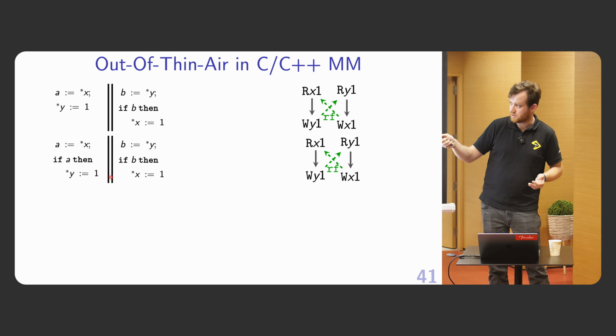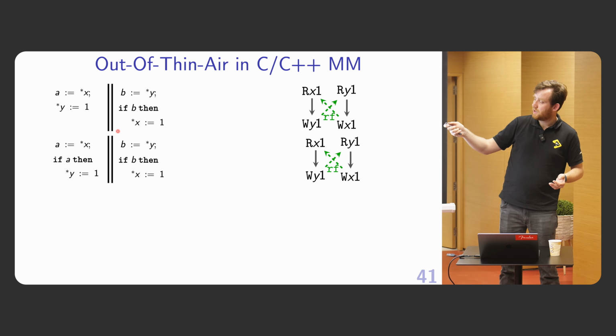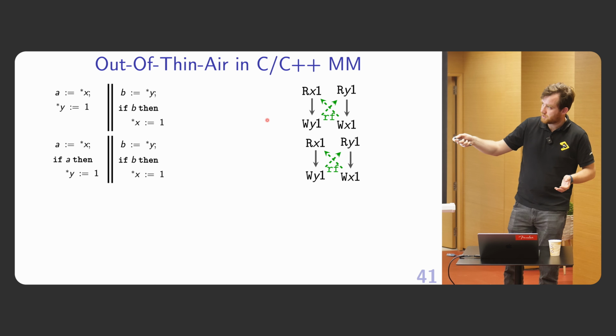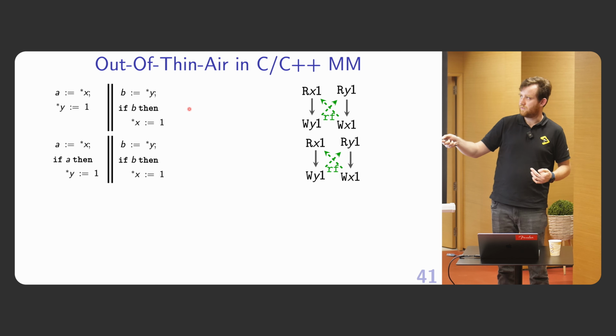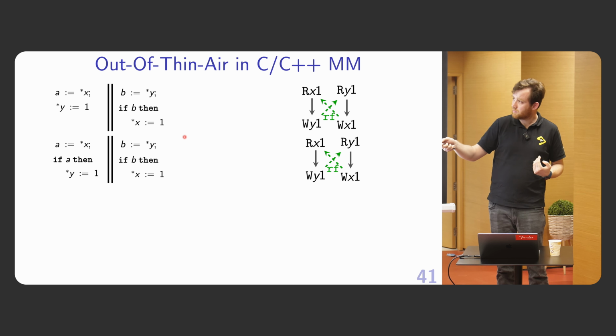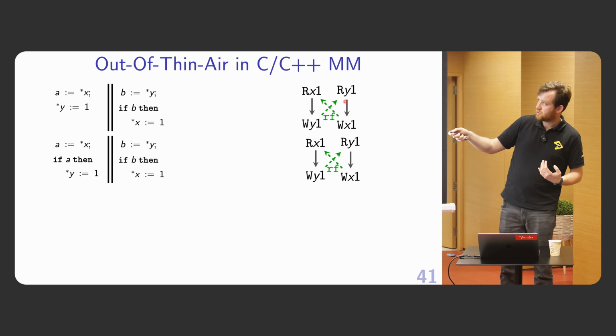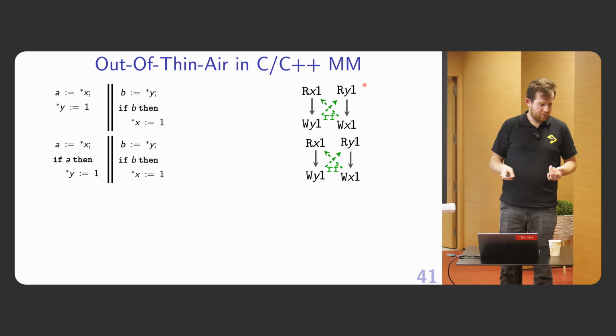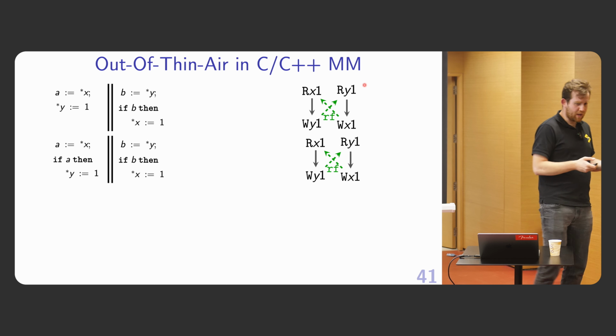Because we think it's nonsense. But for this other program, we don't want to forbid the same graph. The reason is that if we execute it on ARM, then we could get this behavior. So if we want to efficiently compile C++ programs to ARM, in the C++ memory model we should also allow this execution, right? Okay, what could we do?